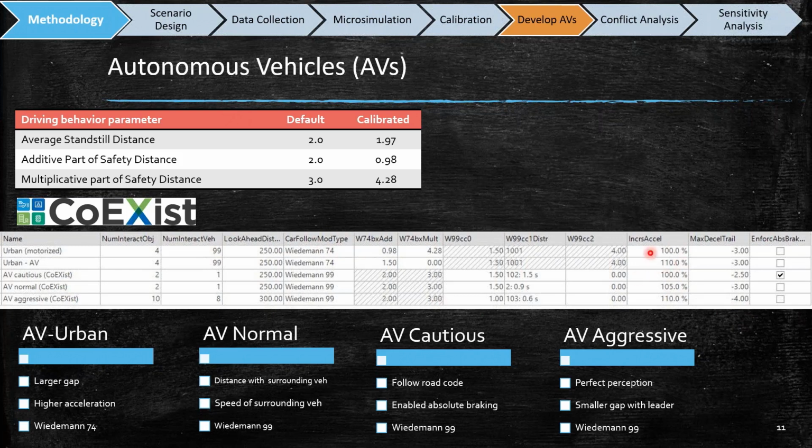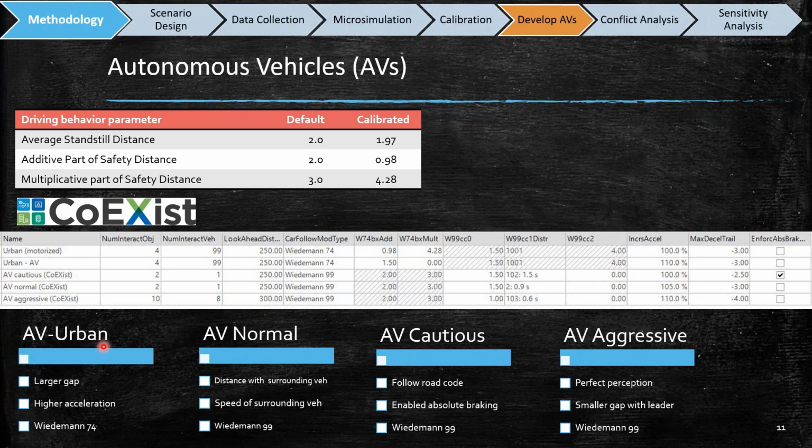There are some other factors impacting the behavior of AVs, for example increasing acceleration and maximum deceleration for trading vehicles. That's the reason we only define urban AV with a higher value for increased acceleration, just to see what happens.